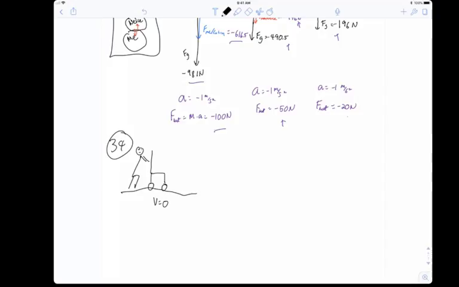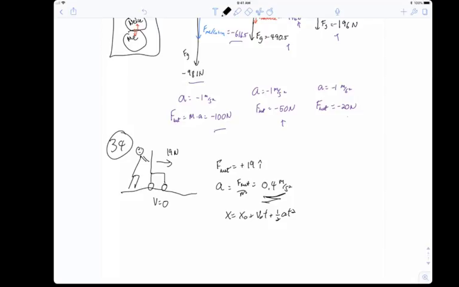Okay, so there's only one force on this, presumably, which is 19 newtons. And so F net is going to be plus 19 i hat. And then acceleration is going to be F net divided by the inertia. So it's going to be 0.4 meters per second squared. And so the equation of motion of this is going to be, constant acceleration question, x naught plus v naught t plus 1/2 a t squared.